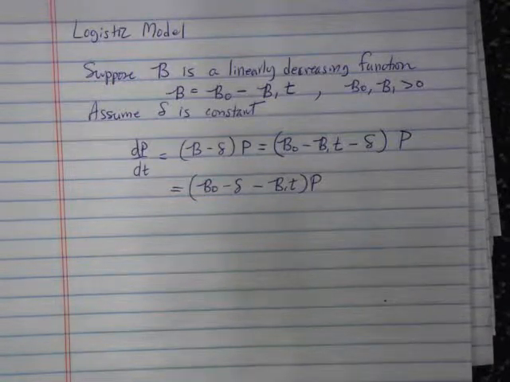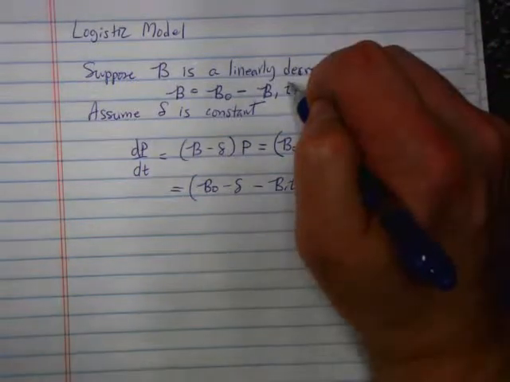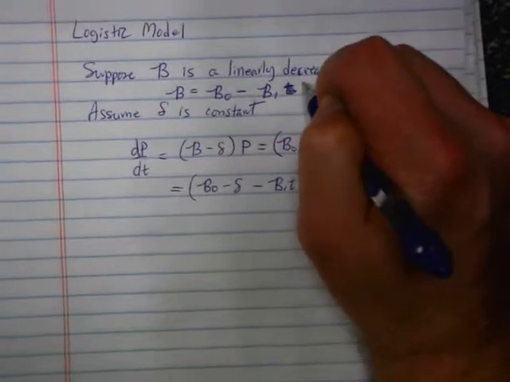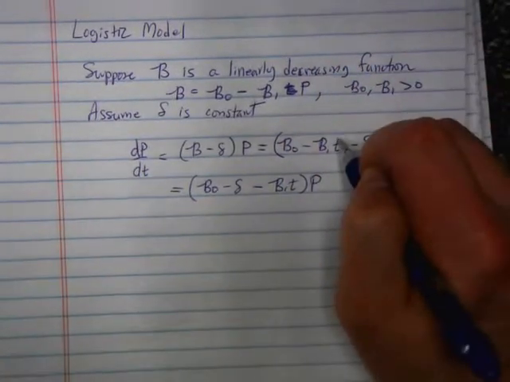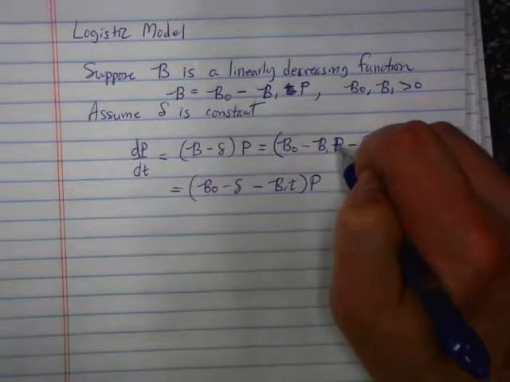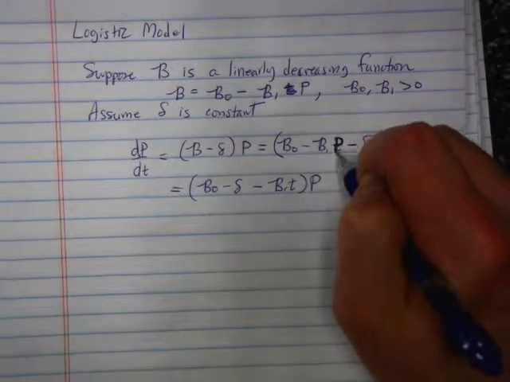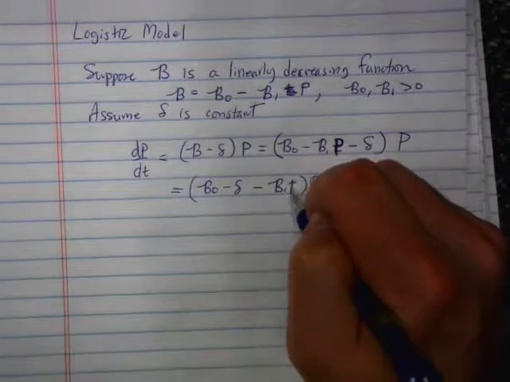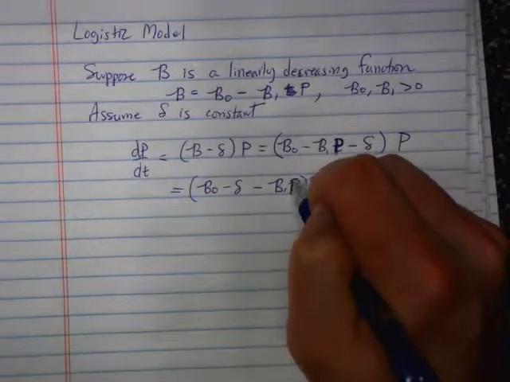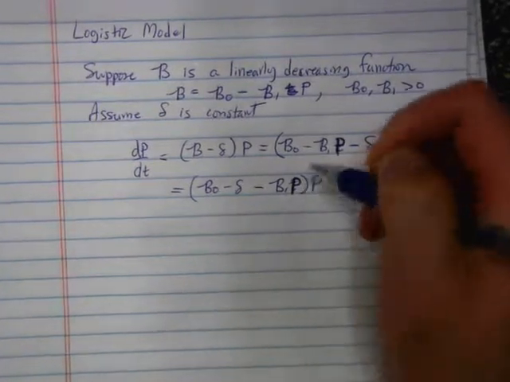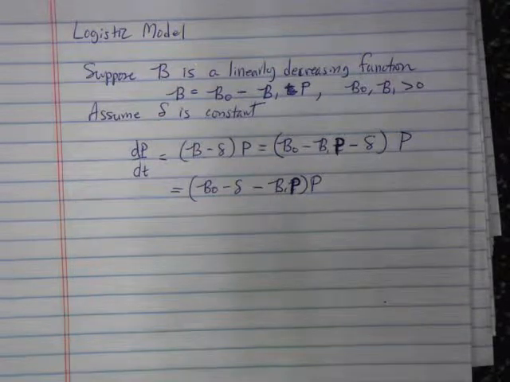Oh, I made a bad mistake. This shouldn't be a t. That should be a P, because it's based on the size of the population, not based on the time that goes on. It's linearly decreasing based on the size of the population, not based on the time proceeding. So that makes a lot more sense, actually.